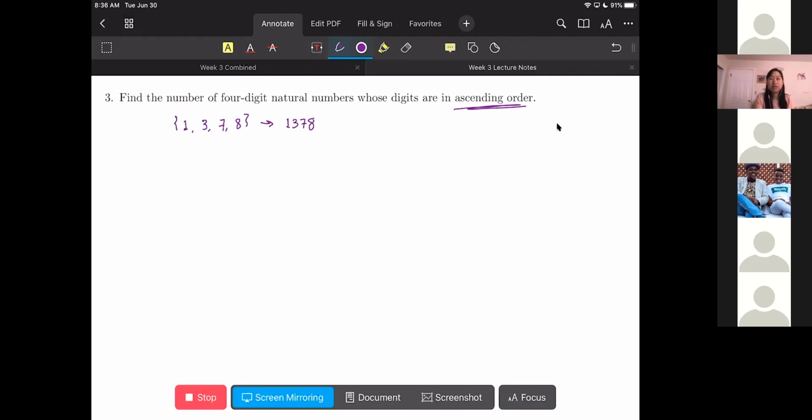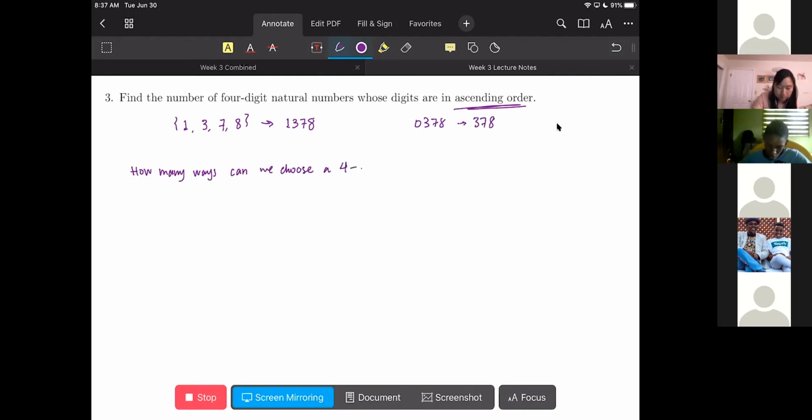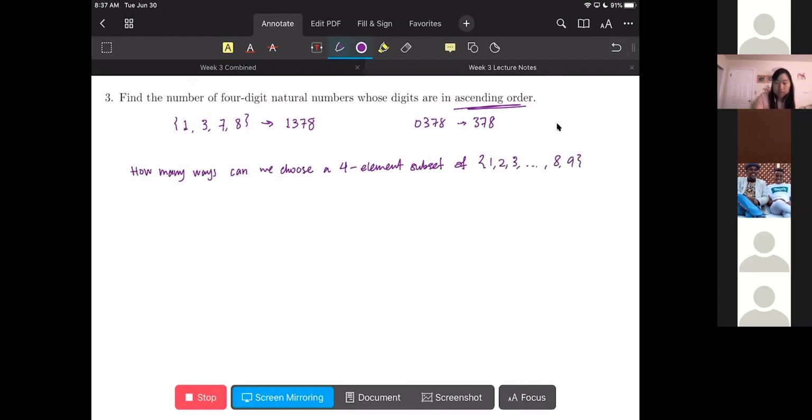We also note that we can't have 0 in the set, because then we end up with something like 0, 3, 7, 8, which is actually just 378, which is not 4 digits. And so we can reduce this problem to, I'm going to just write it out: how many ways can we choose a 4-element subset of 1, 2, 3?